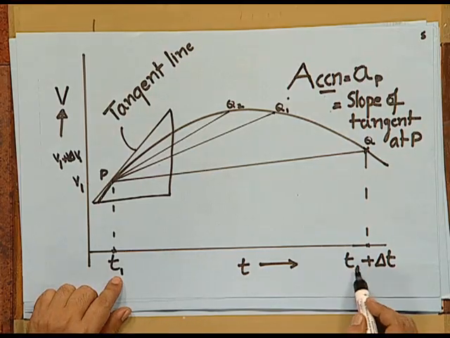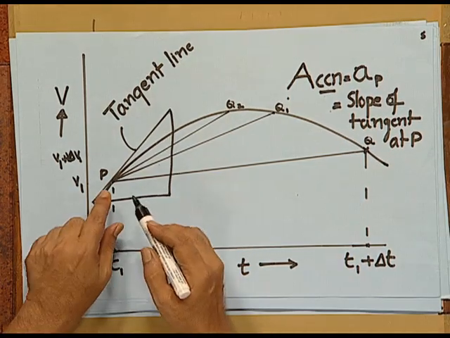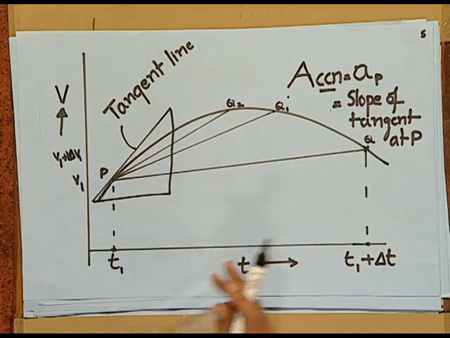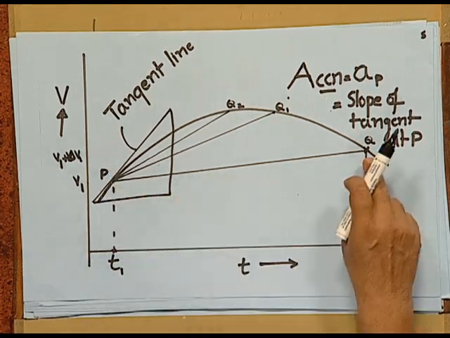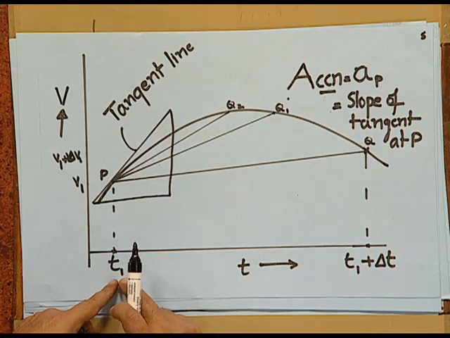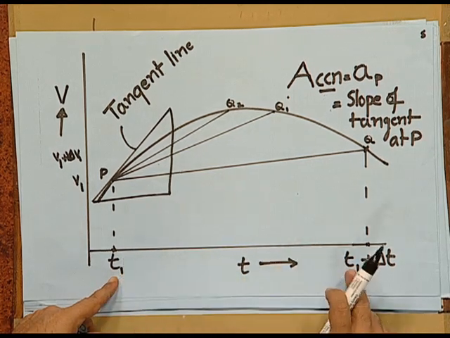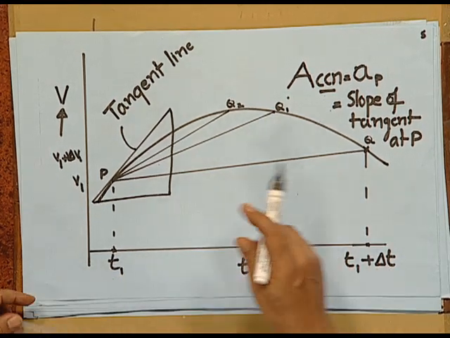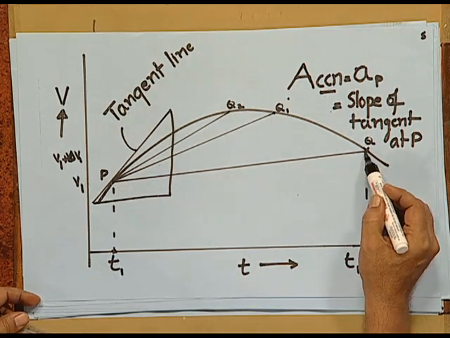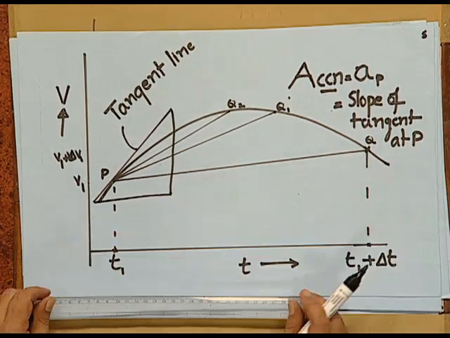Average acceleration in the interval t1 to t1 plus delta t is given by the slope of the line joining point P to Q, that is, velocity at t1 and velocity at t1 plus delta t, which is indicated in the graph as the line PQ.